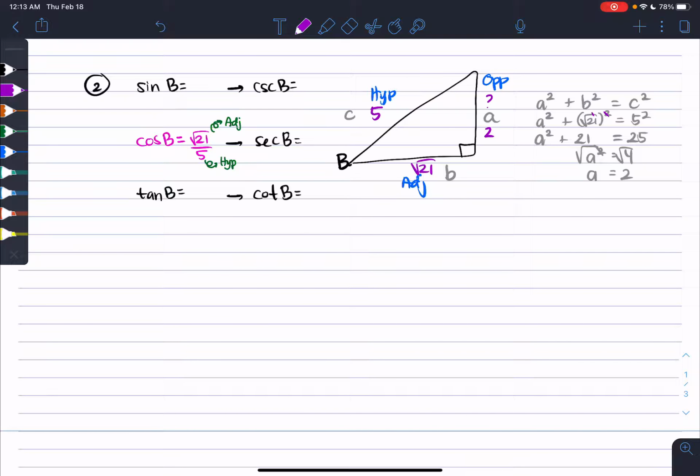So we can fill in the rest of our ratios. With sine, we know it's opposite over hypotenuse, which in this case is 2 over 5.